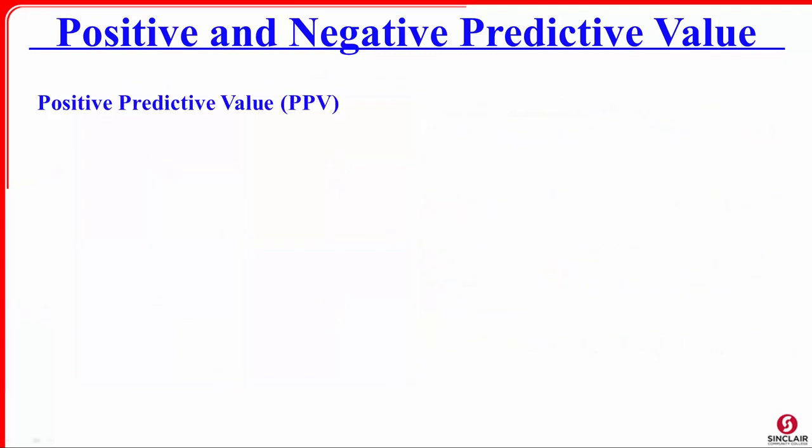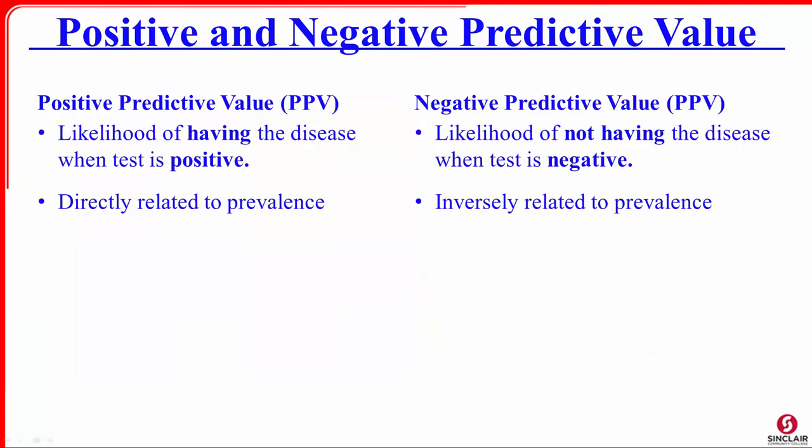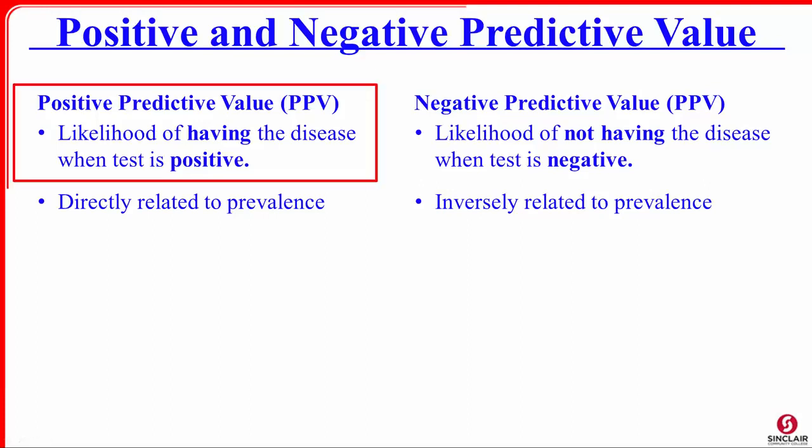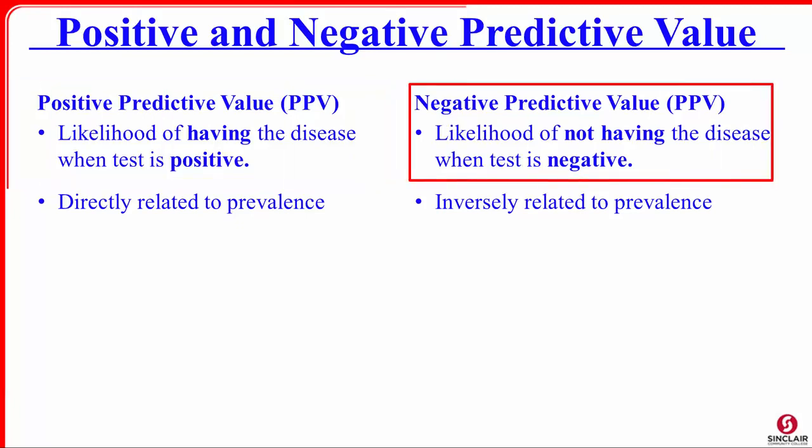So let's talk about negative and positive predictive value. Make some comparisons. Positive predictive value is the likelihood of having the disease when the test is positive, and negative predictive value is the likelihood of not having the disease when the test is negative.